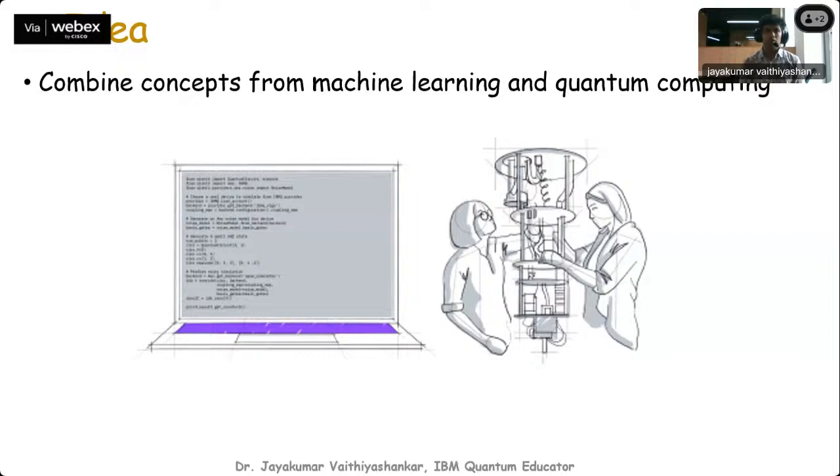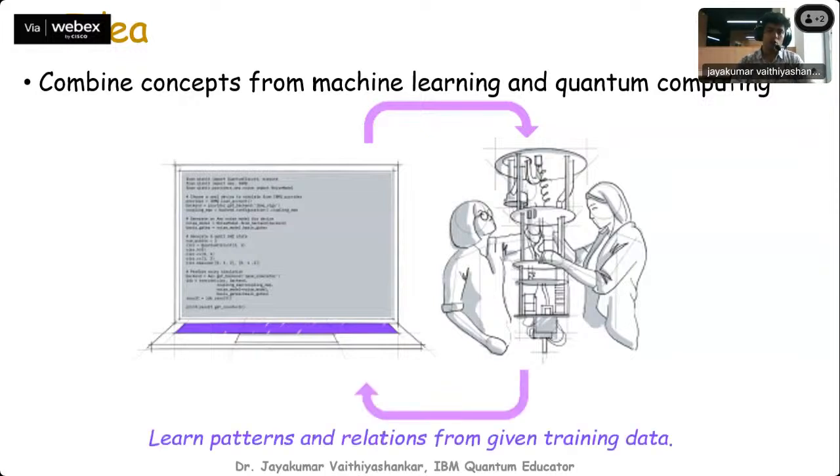Then only will you have a certain advantage. Is my audio clear? I hope so. Great, thank you. If you have classical machine learning code, you can try a quantum version or quantum-inspired one. You are able to load it into the quantum machine, then it will execute and give the result back to your machine.